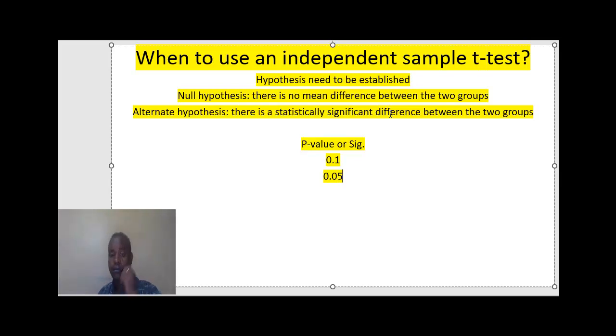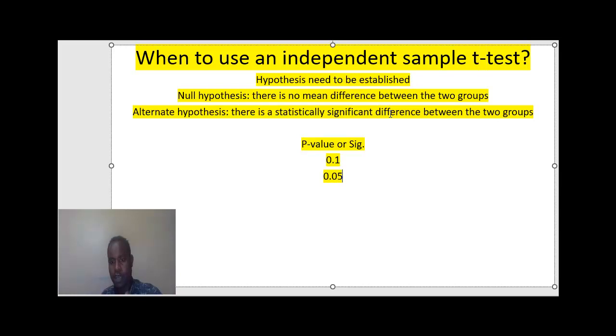And let us assume the margin of error is set at 0.1 or at 10%, and we could say that the null hypothesis is rejected if and only if the p-value or the sig value falls under or is below 0.1, or if the margin of error is set at 0.05 or 5%, then it needs to be equal to or less than 0.05.